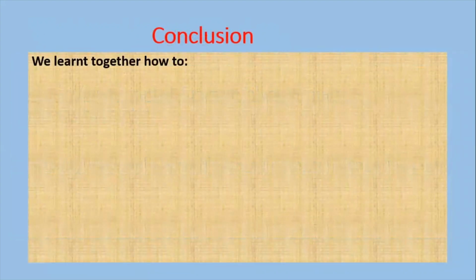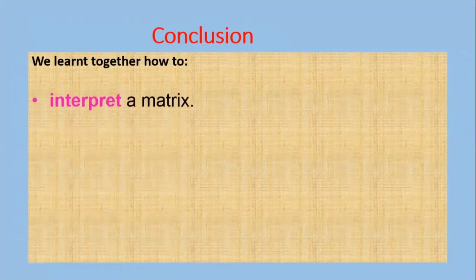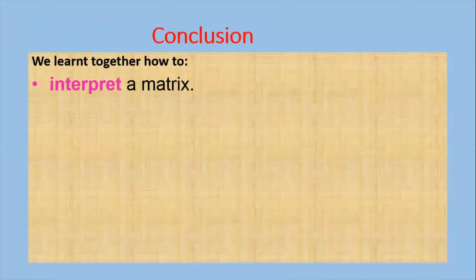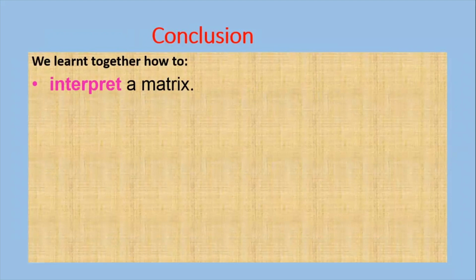Okay, so what have we learned together today? We have seen how to interpret a matrix, the different words used for matrices. For example, you know that a matrix is an array of numbers. We have seen that these numbers are called elements. We know that in matrices, you've got rows and columns, right?